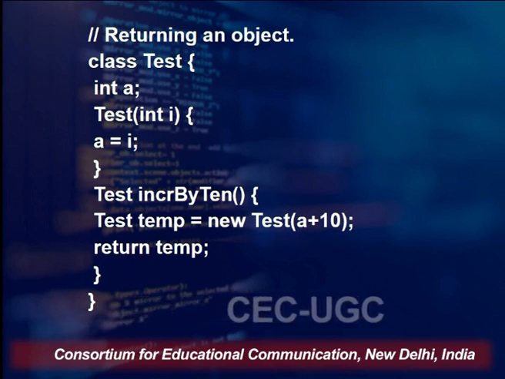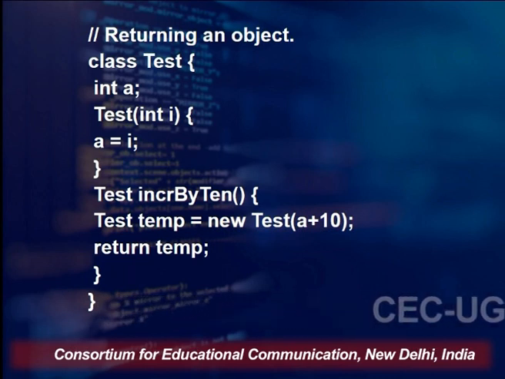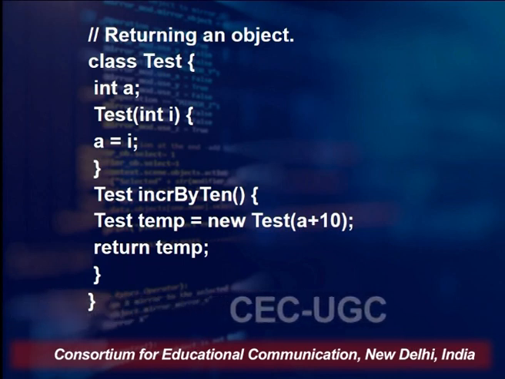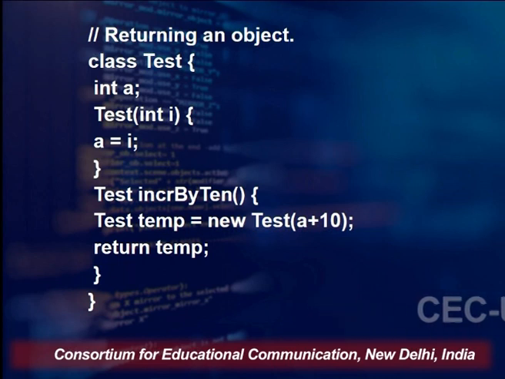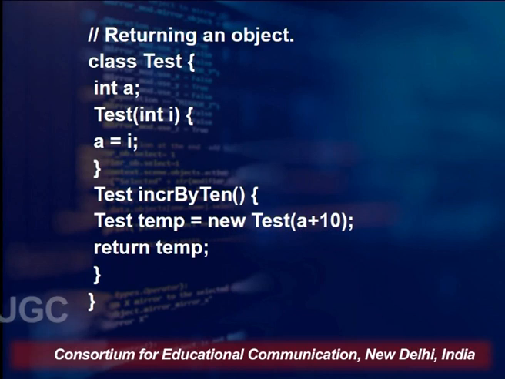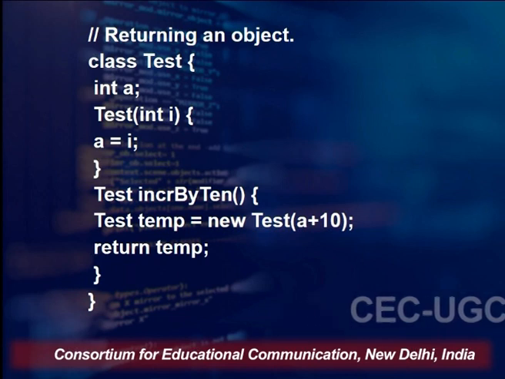Now when I say temp has been returned, please notice the data type of temp. The data type of temp is Test, or I can say this is a reference variable to an object of the class Test, and whenever we are writing the return type while defining the function incBy10, we are saying that this function is returning Test.